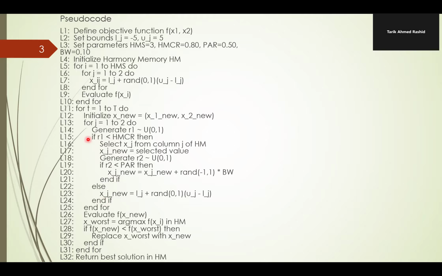So we end the if and go with the for loop to j equals 2. Then we evaluate the solution and find the worst solution. We replace the worst solution in the harmony memory with the new one if it is better, end the loop, and return the best solution.